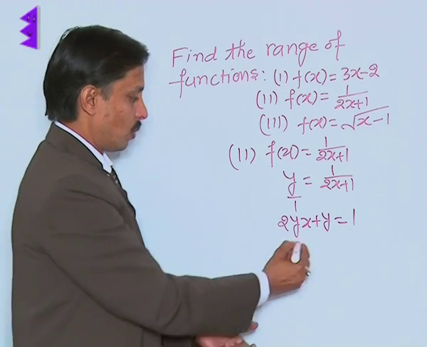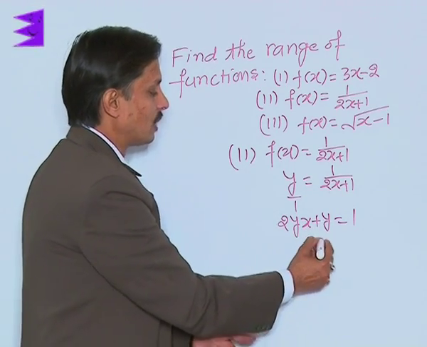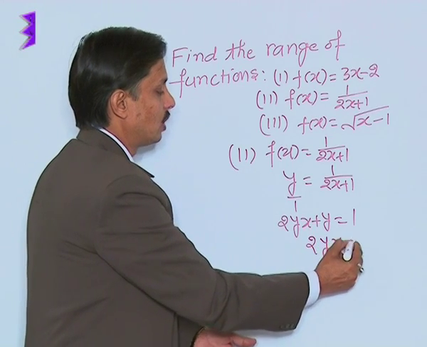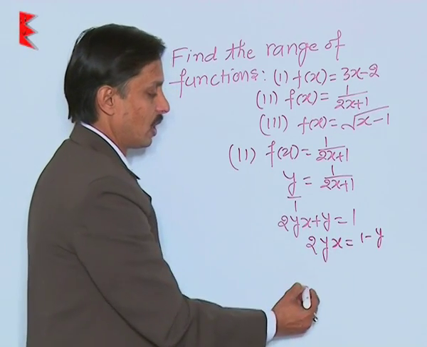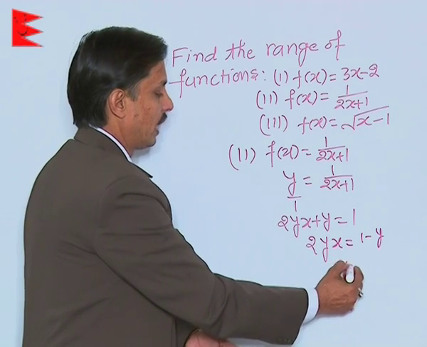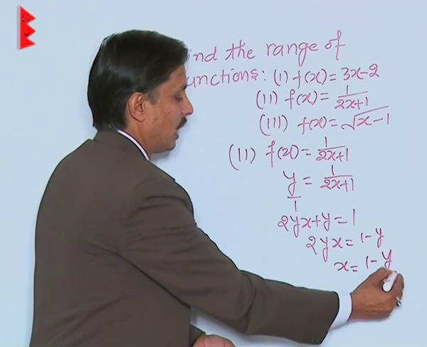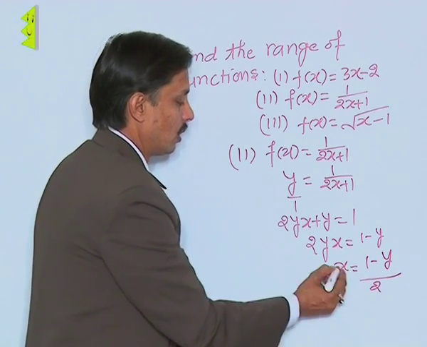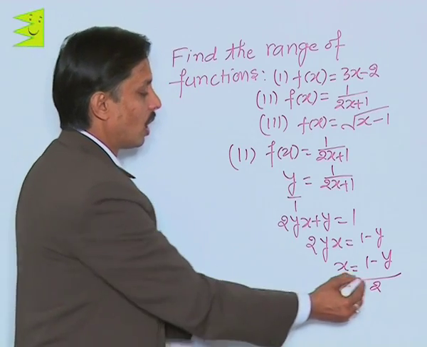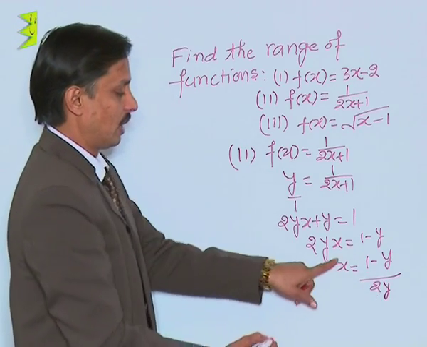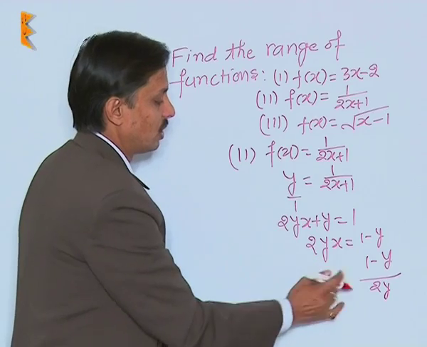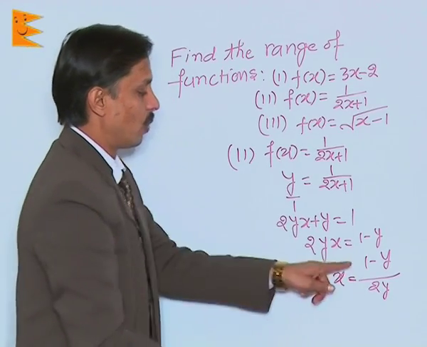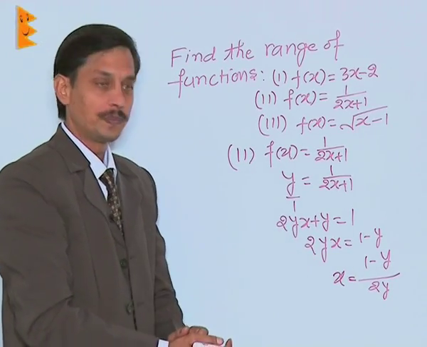And y when transferred, we say 2yx is equal to 1 minus y, or simply x is equal to (1 minus y) upon 2y.